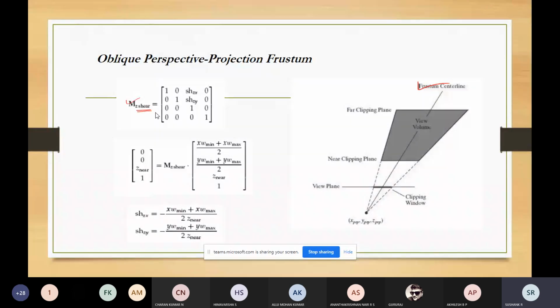First we convert this kind of frustum into the symmetric frustum, and then to the normalized view volume, by applying the shear transformation along the z-axis.